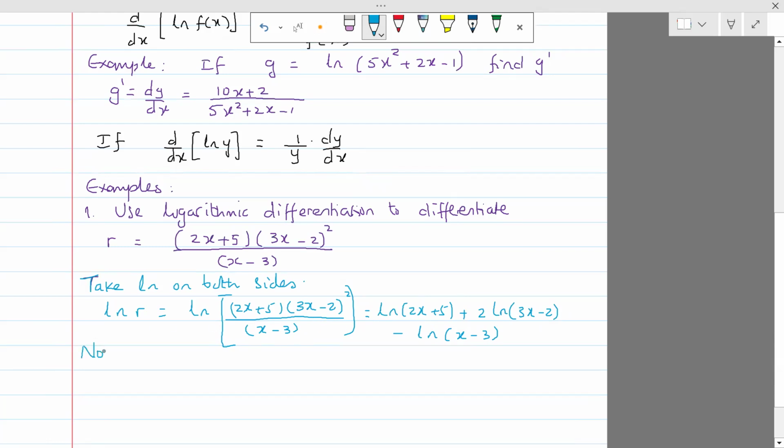Now differentiate with respect to x. For this one, the differentiation of ln r with respect to x is 1 over r times dr by dx.